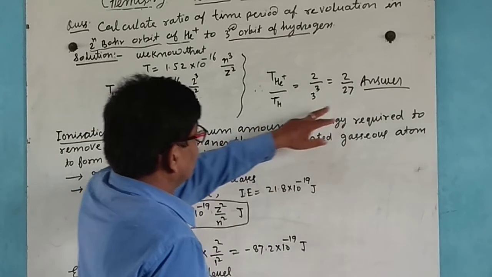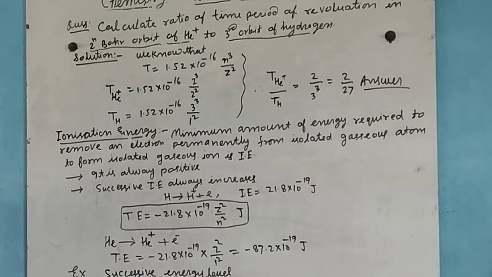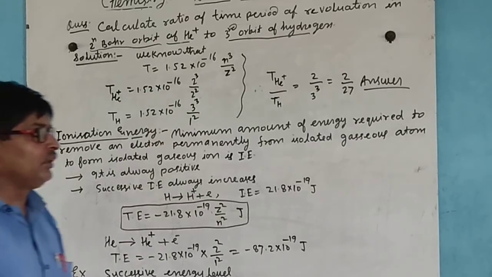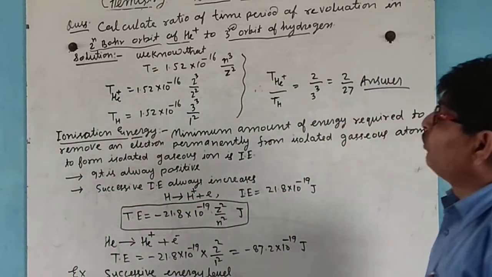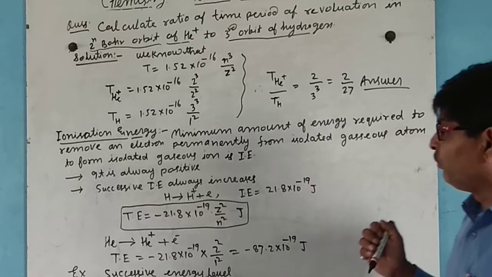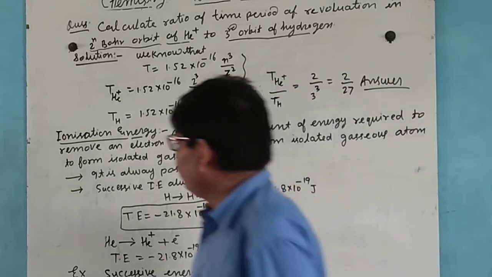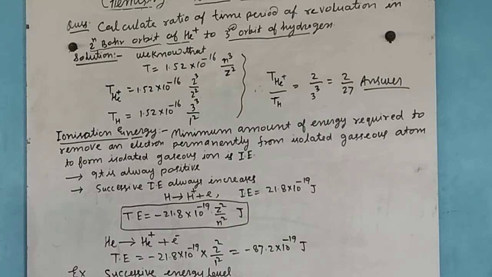This is our result. Now ionization energy: the minimum amount of energy required to remove an electron permanently from an isolated gaseous atom to form an isolated gaseous ion is called the ionization energy.